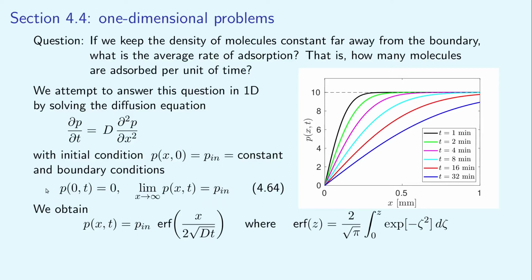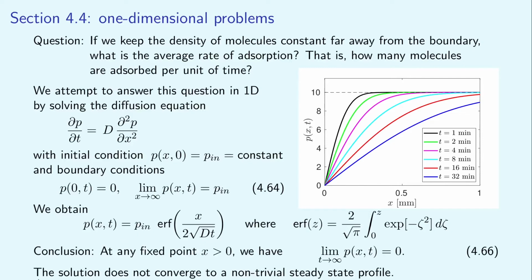And we have a boundary condition at the left boundary x is equal to 0, p is equal to 0. As you can see here, the solution can be explicitly written in terms of the error function. We observe that the solution does not converge to a non-trivial steady-state profile. At any point x, the solution converges to 0 as time t goes to infinity.